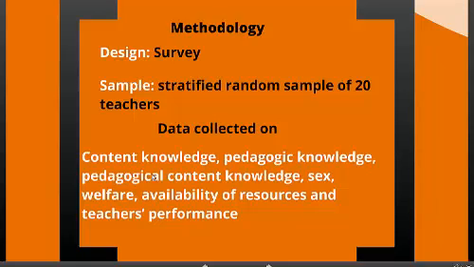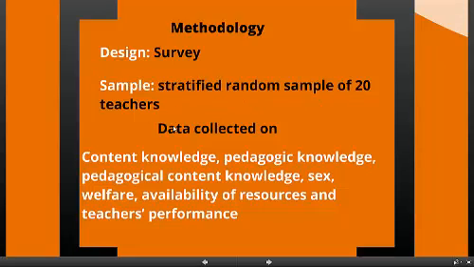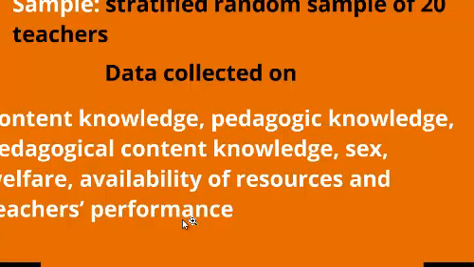It was a survey, and we had 20 teachers from a stratified random sample, and we collected data using a string of instruments on content knowledge, pedagogic content knowledge, sex, welfare, availability of resources, and teachers' performance. So we now have all this data to plug into AMOS. So let's have a feel of the data. We've gone out there to the field to collect data on all of these variables, and we have entered the data in.